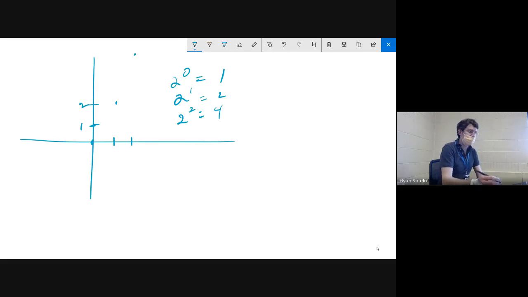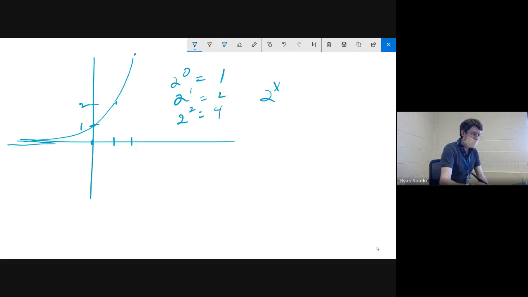So it doubles every time. It'll go 2, 4, 8, and they always look like this. They'll never hit 0, but exponentials always look like this. It always goes through 1, and at 1 it'll always be the base. So at 1 it'll be 2 in this case.